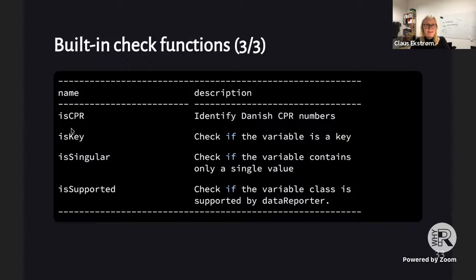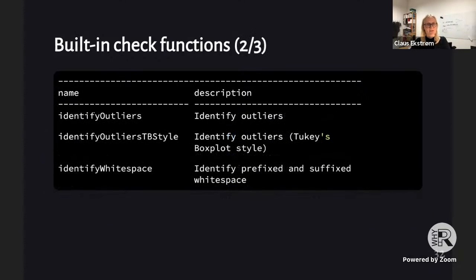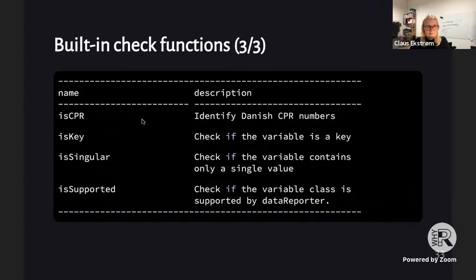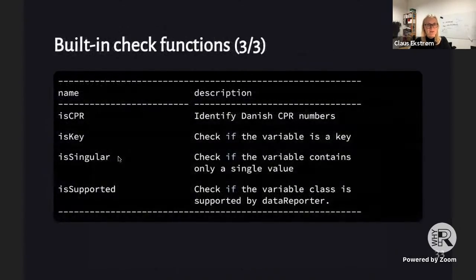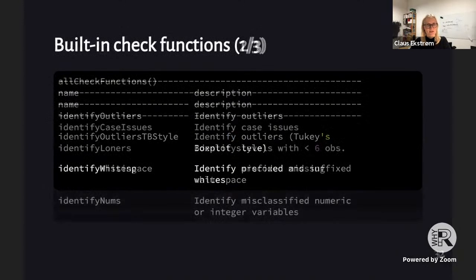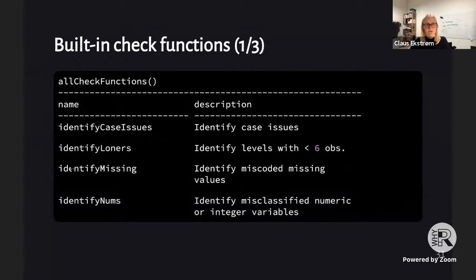But the point is that for all of these different functions, you can choose to include them and use them in your data report, or you can choose to skip them, and you can also add your own, and I'll show you a bit about that in a sec. One more thing, now you have the names of the variables here. For instance, there's a check function called identify missing down here.